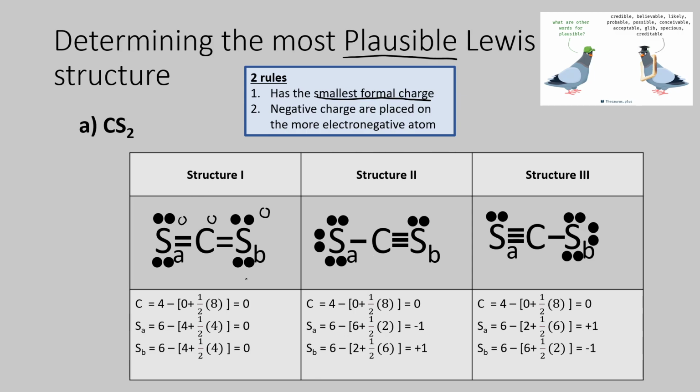So let's see, lepas kita kira ni, so this one dapat charge kosong, kosong dan kosong. While here kita dapat untuk carbon charge kosong, sulfur A is negative 1, while this one positive 1, and this one is just terbalik, kan? So you tengok, okay, the second thing yang you kena tengok, betul tak you punya charge?